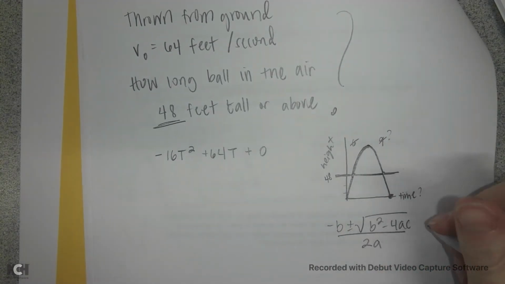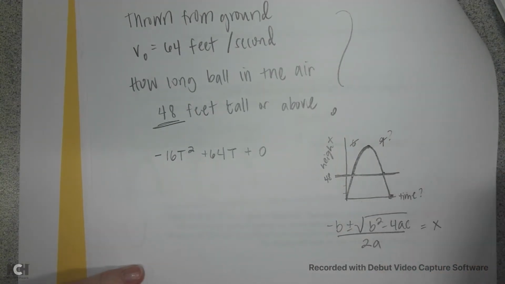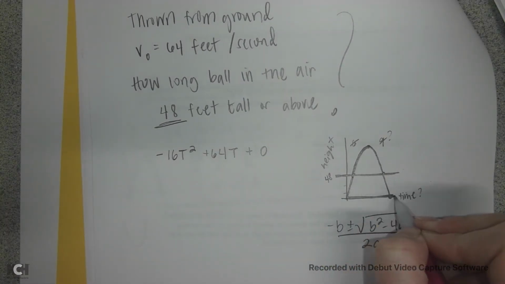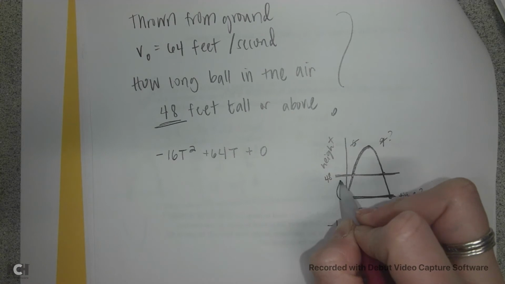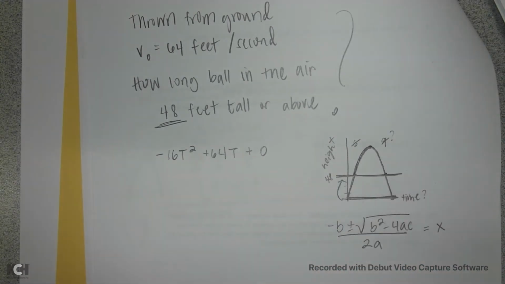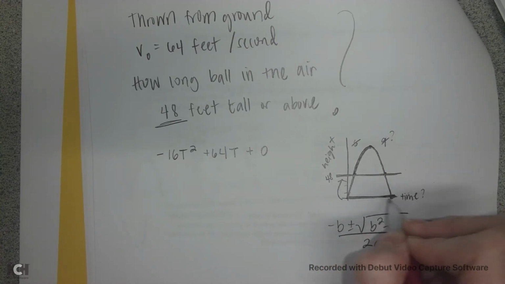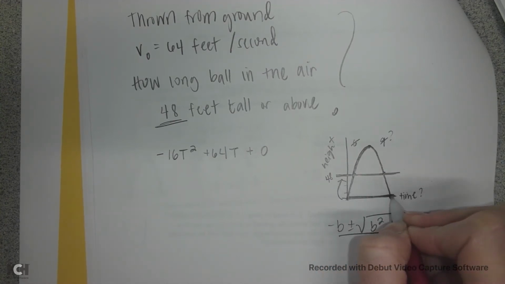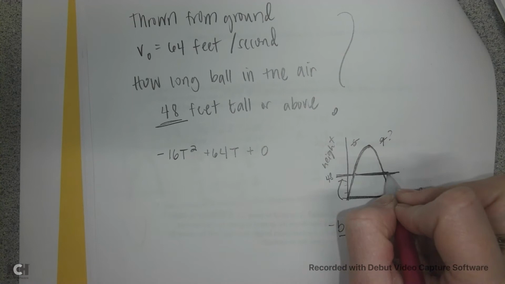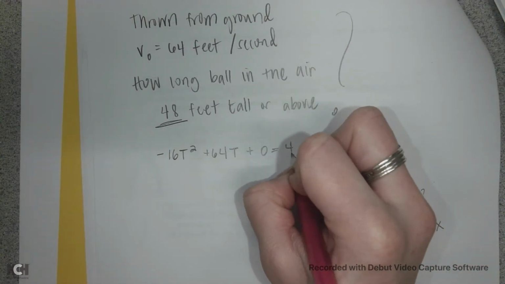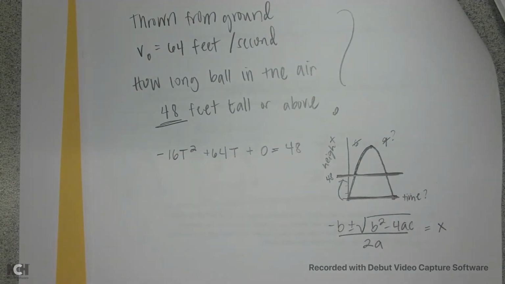When we solve the quadratic formula, we get two numbers, and those are our x values on the x-axis. But I'm shifting up 48. So instead of being equal to 0 for 0 distance, I'm going to be equal to 48 distance.